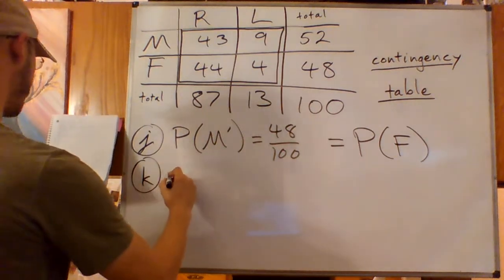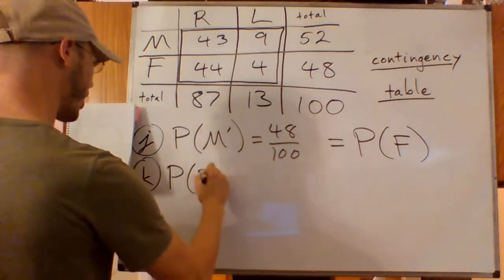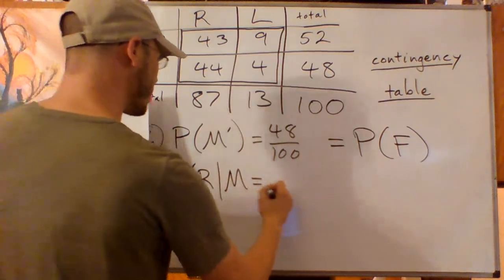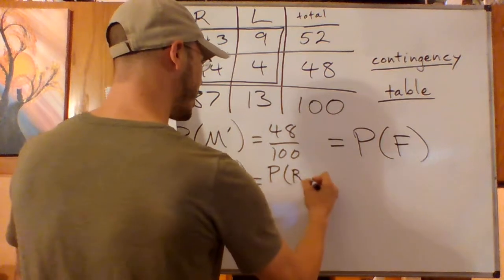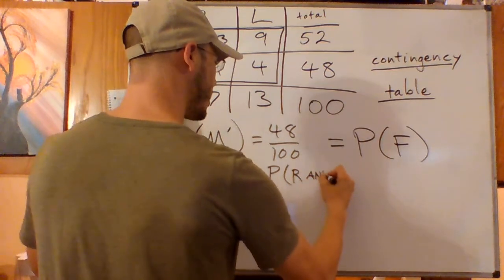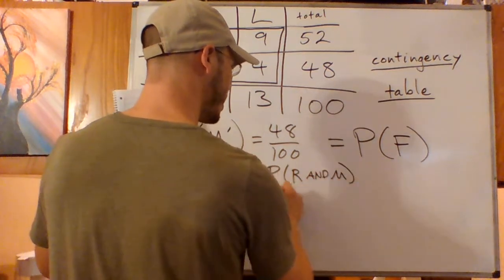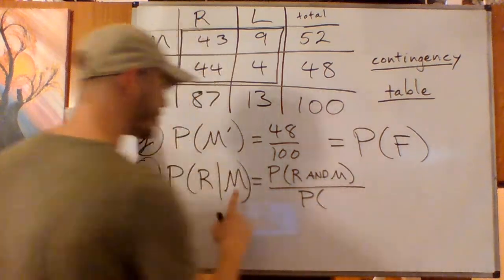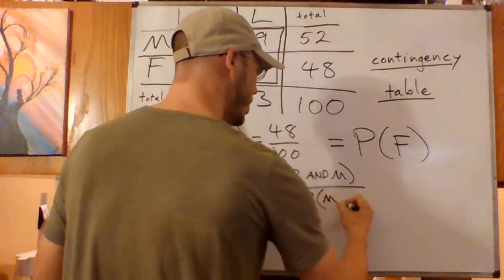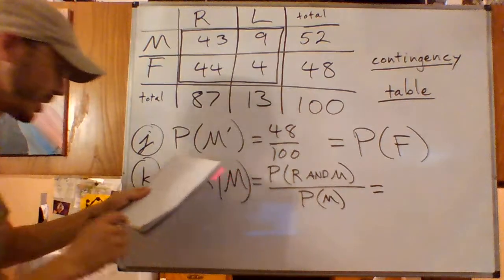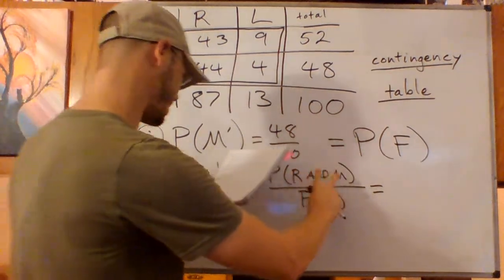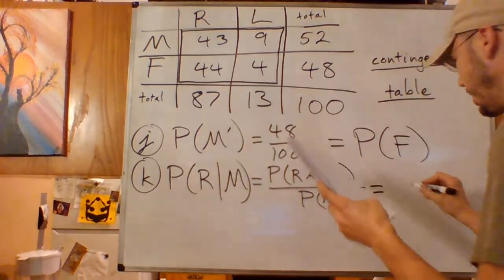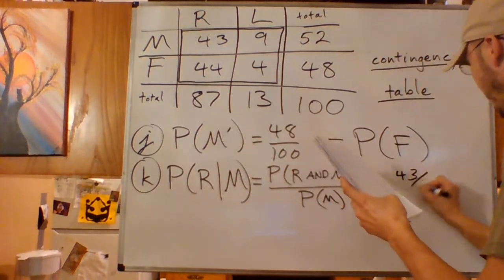JK gives a probability of R given M. I'm going to use the formula, the probability of R and M divided by the probability of the condition M. And I think we already calculated this. We called it M and R, but R and M is the same thing. And that was in part E, 43 out of 100.